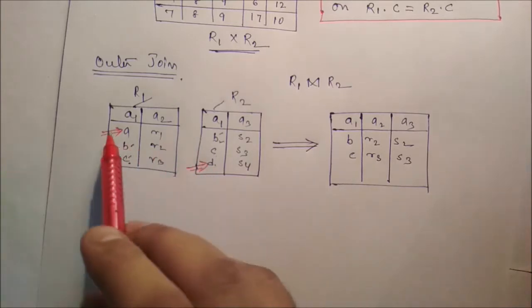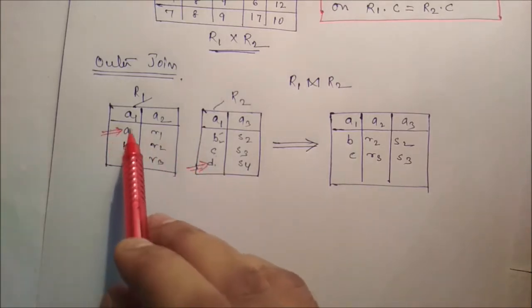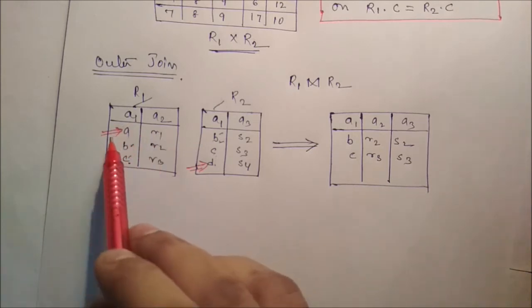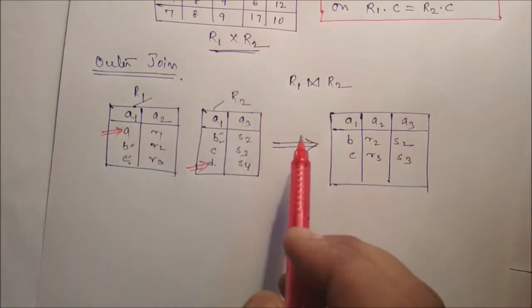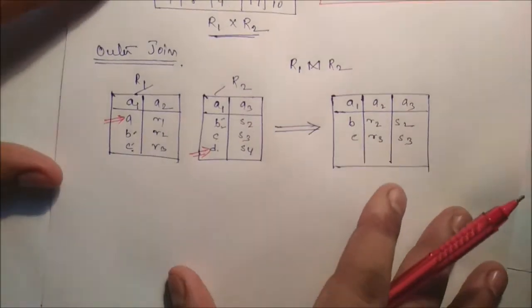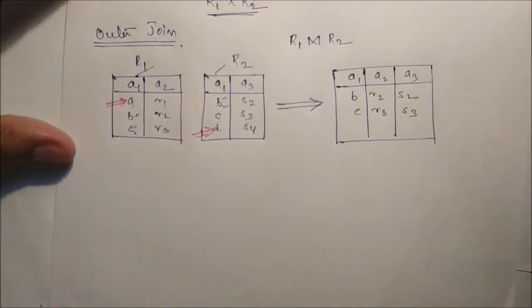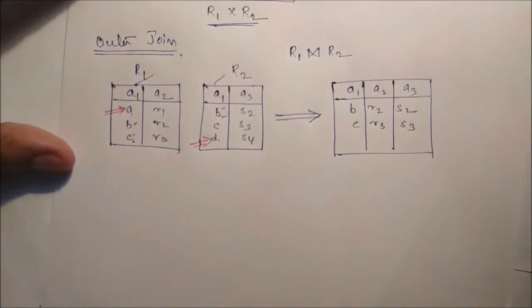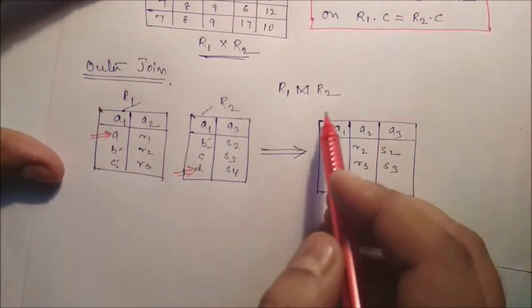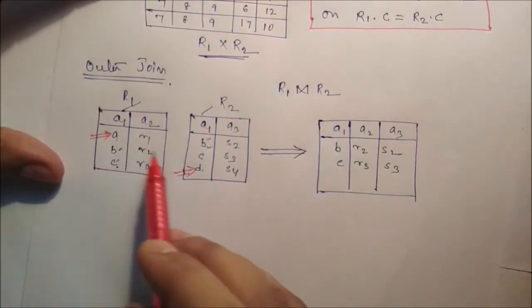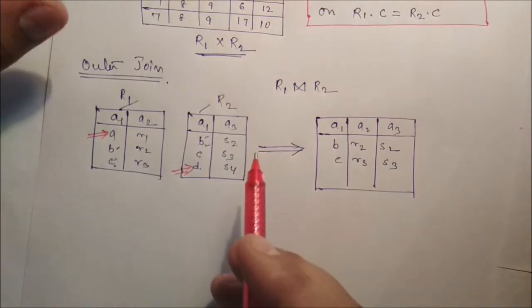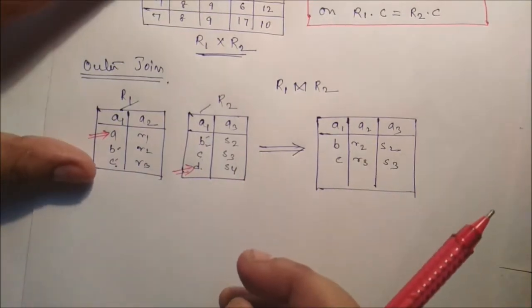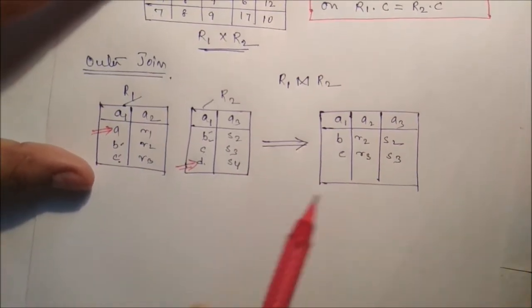And if we need to include both the left table and the right table, we apply full outer join. If you apply a simple inner join, these two rows are discarded, so this is a loss. To avoid this loss of data or rows, we have to apply the outer join.